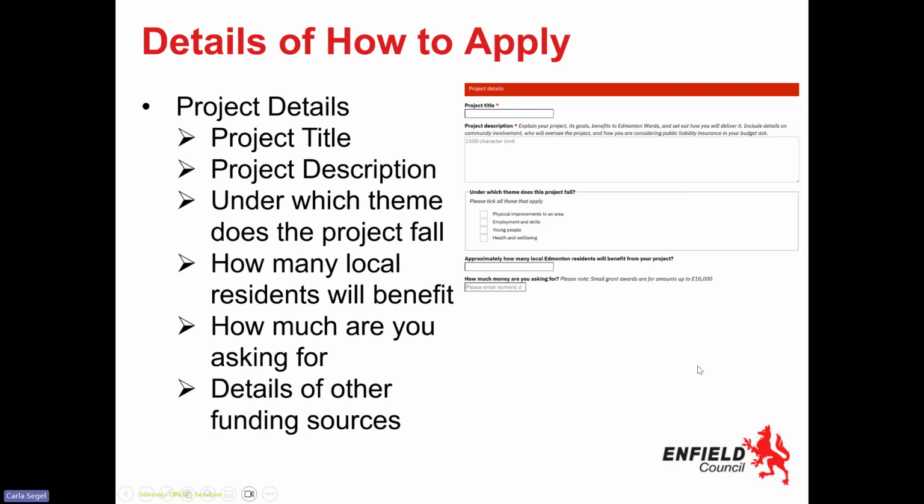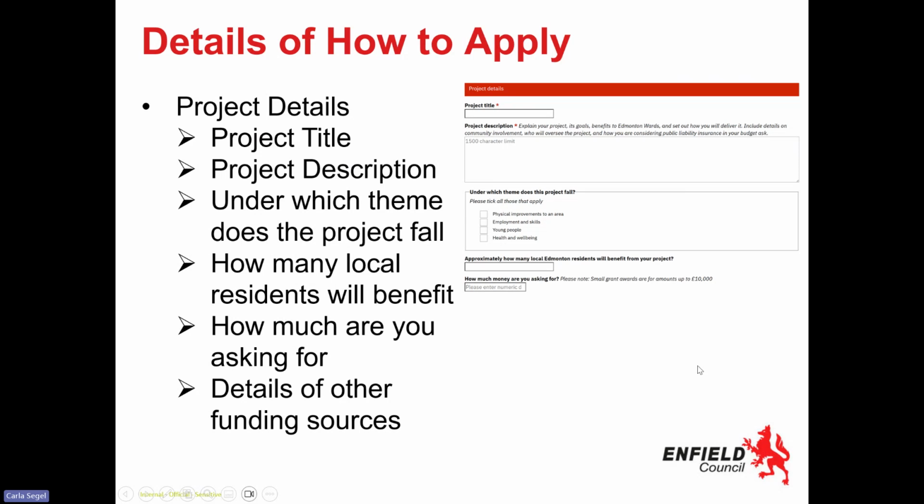It can fall under one or all of the themes that I mentioned earlier, and they're on the screen here. Physical improvements to an area, employment and skills, young people, health and well-being. How many local residents will benefit from the work that you are doing?